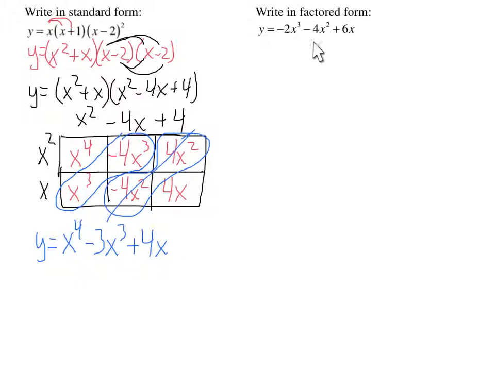Now, if I want to factor this, did you notice a GCF? So your GCF, hopefully you noticed, is negative 2x. That's your GCF. You could actually pull x out as well. So now we've got to think of what's left. Negative 2x times what is negative 2x cubed? Can you tell it's x squared?